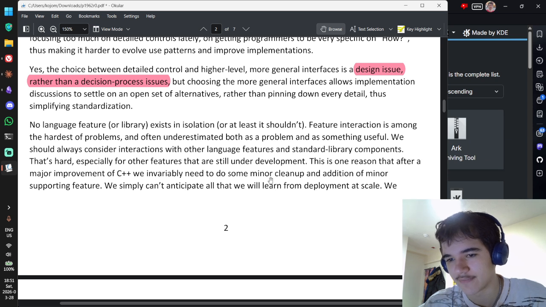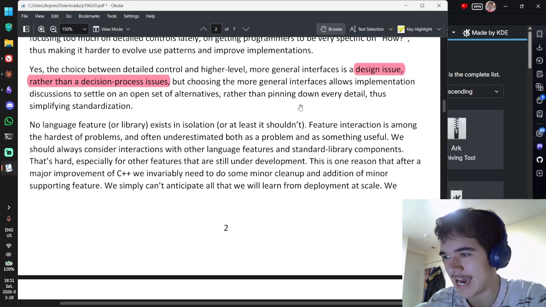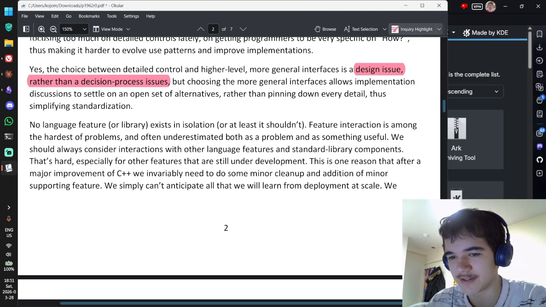Cleanup and addition. Minor cleanup is interesting. Major improvement, that's interesting. Is Bjarne advocating that C++ is in need of a major improvement?